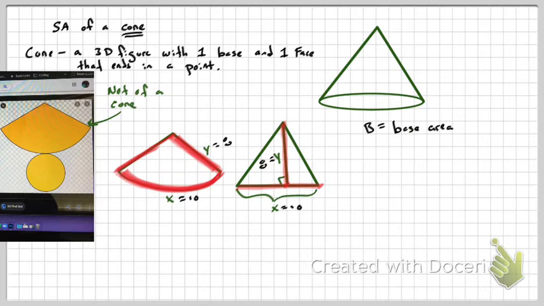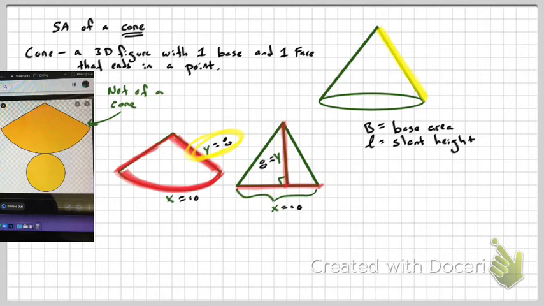So as I said, we still have base area. What's new is slant height. So slant height is this guy right here, but it's this distance on your cone. So it's the distance from the edge of the circle to the vertex point of the cone.